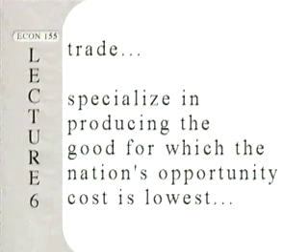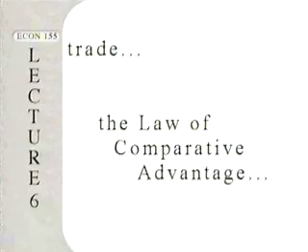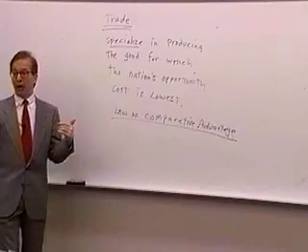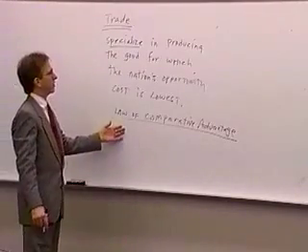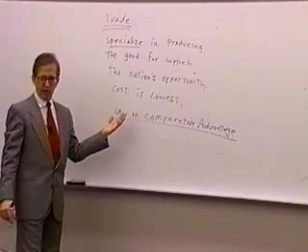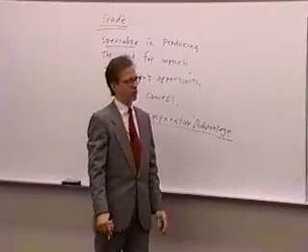Sometimes people don't call it the principle, they say it's the law of comparative advantage. The law of comparative advantage tells us what to specialize in producing. You specialize in producing the thing where you have a comparative advantage, where you're comparatively the most efficient. And the way we find out comparative advantage is we look at these opportunity costs.